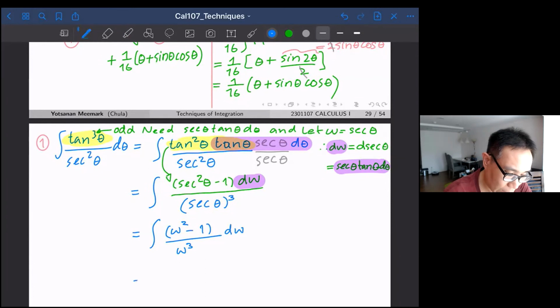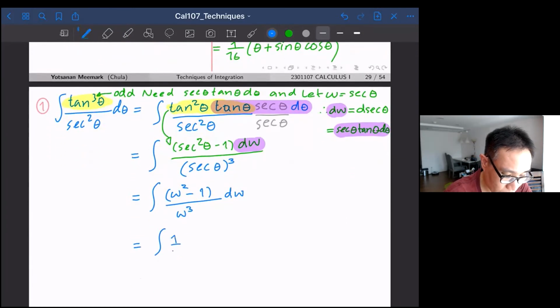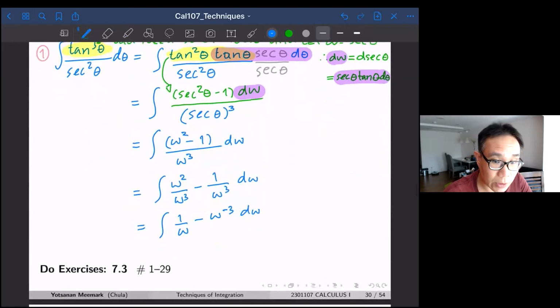This seems simple. Let me split it: w square over w cubed minus 1 over w cubed dw. So you integrate 1 over w minus w to the minus 3 dw.